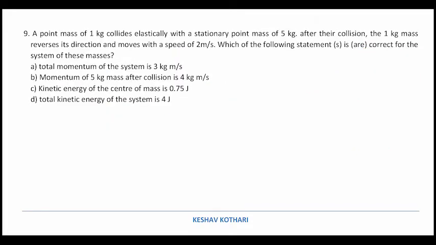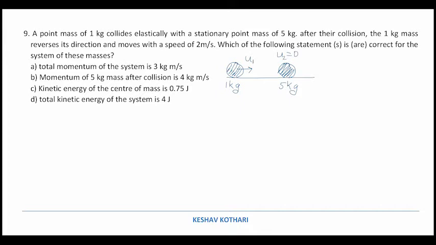A point mass of 1 kg collides elastically with a stationary point mass of 5 kg. So here I can draw this system like this: a point mass of 1 kg moving with a certain velocity u1 collides with another point mass of 5 kg which was initially at rest, with u2 equal to 0.